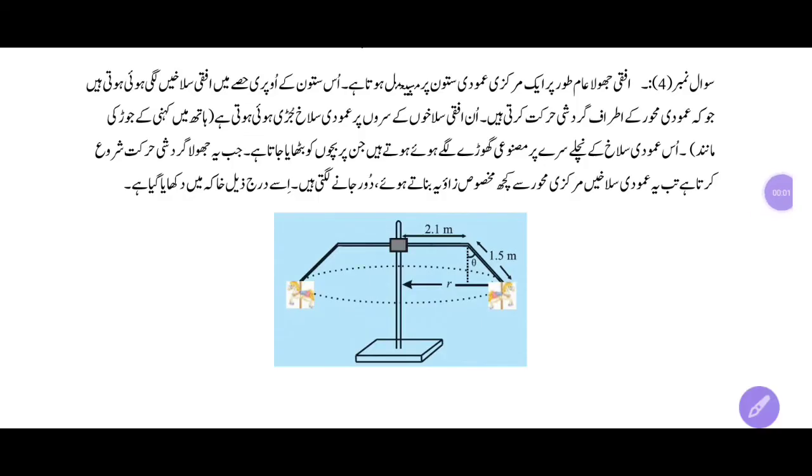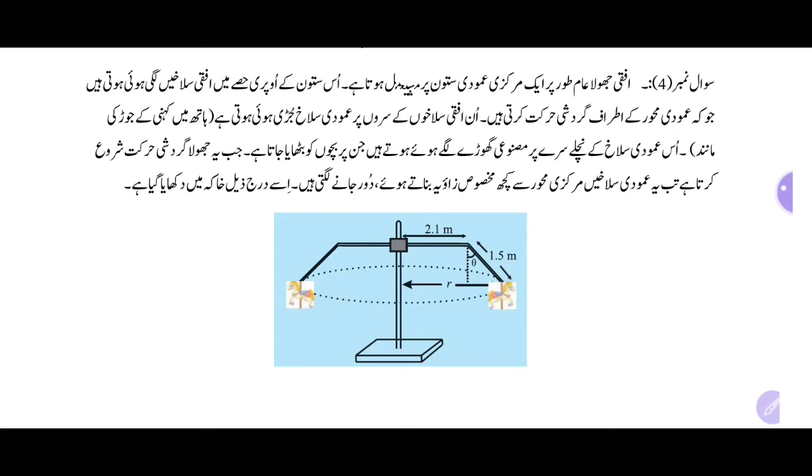Okay, let's start our fourth problem. In this problem, a merry-go-round usually consists of a central vertical pillar. At the top of it, there are horizontal rods which can rotate about a vertical axis. At the end of this horizontal rod, there is a vertical rod fitted like an elbow joint.